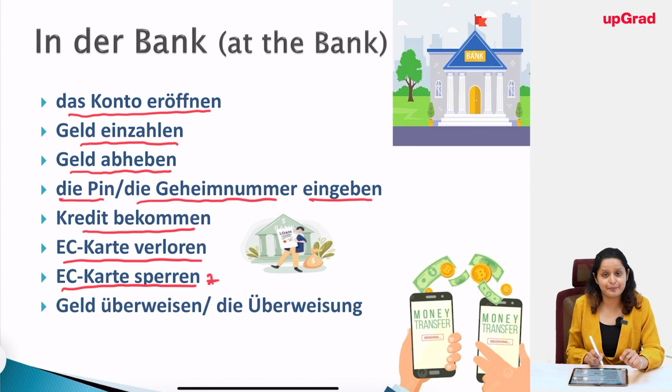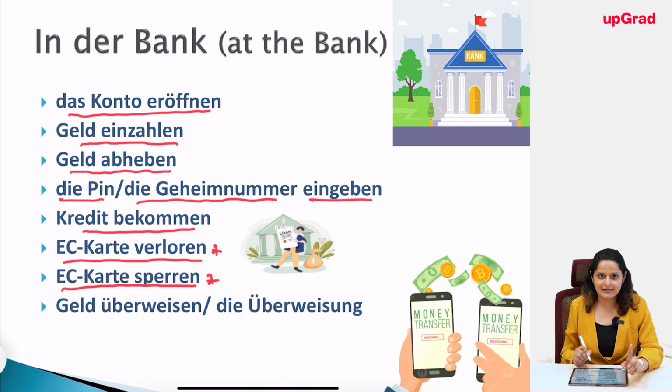So the word sperren means to block, and the word verloren means to have lost. So if you have lost a card, please say verloren. That is EC-Karte oder Kreditkarte verloren and EC-Karte sperren. That is, you can ask them to block your card.